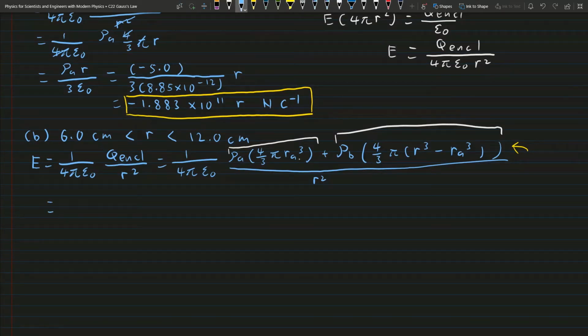Now if we rearrange here, you can see this part here, this part here, and this part here is the same. So we basically rearrange it.